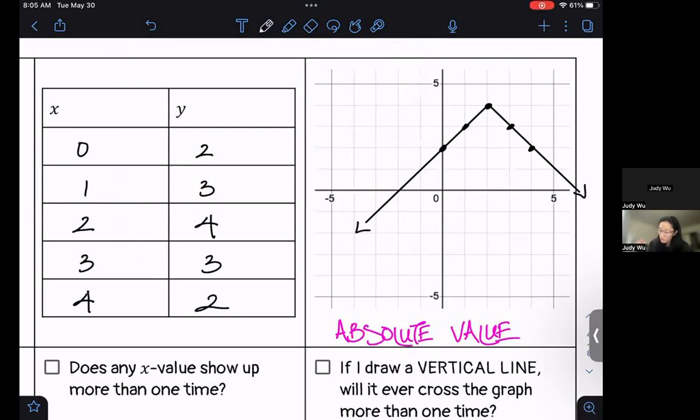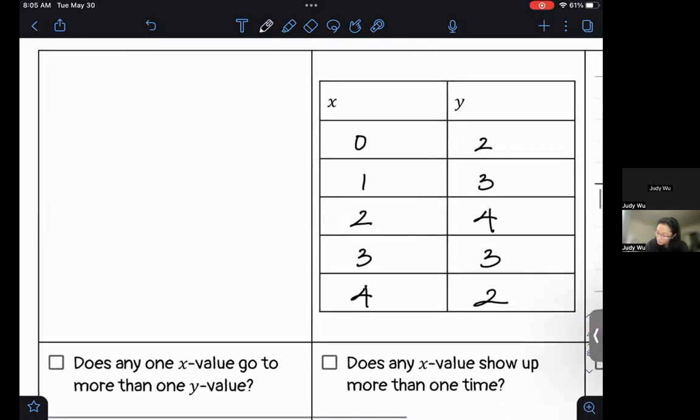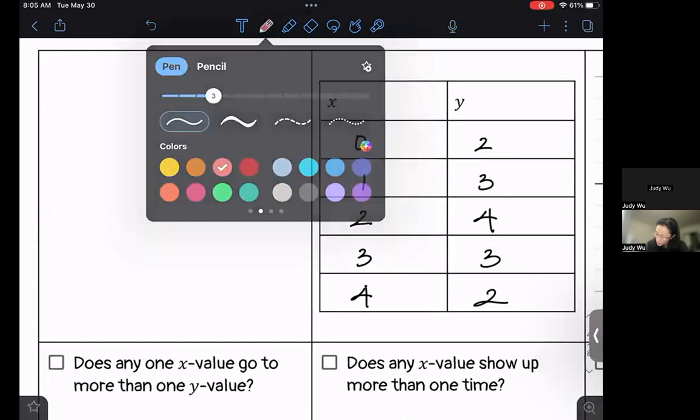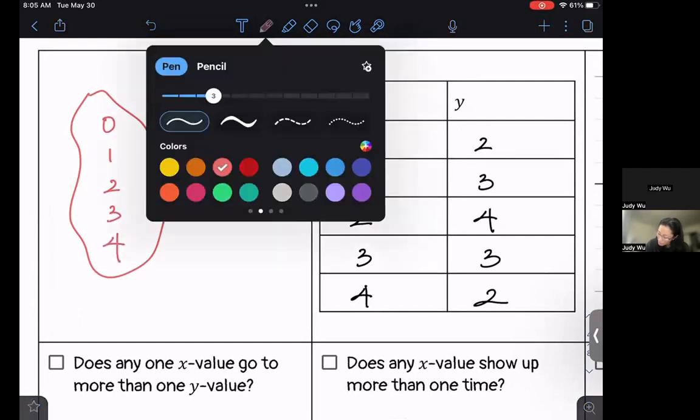Okay, so far we've got our table, we've got our graph. Now let's go back and make our mapping diagram. In our mapping diagram, we need our domain values. We've got 0, 1, 2, 3, and 4.